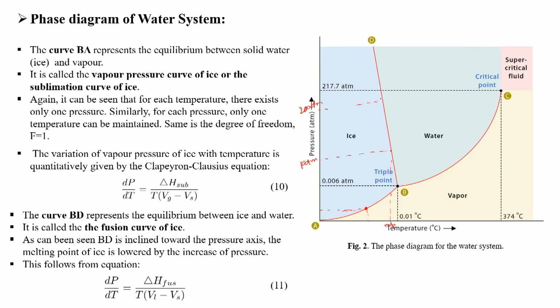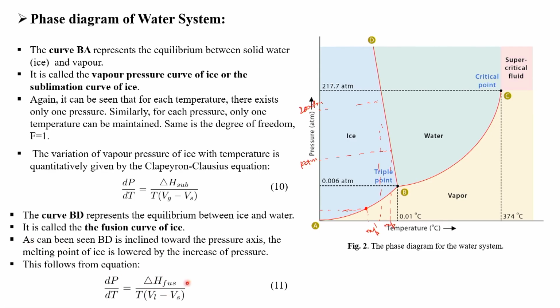And for 20 atmospheric pressure, where we are increasing the pressure, we get another melting point here, we call it MP prime. So we can see that the melting point decreases if we increase the pressure, right? This is a typical case for water. For other liquids, usually the melting point increases with increasing pressure.